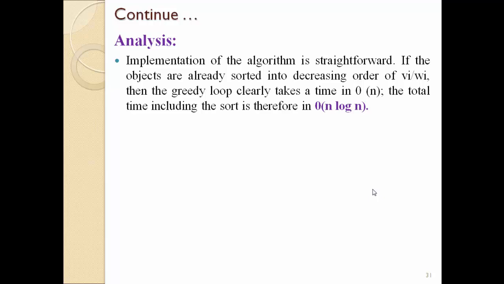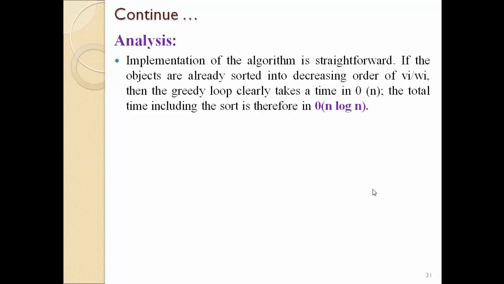So here we can divide our object into different parts, so this knapsack problem is also known as the fractional knapsack problem. When we think about the analysis, or the time complexity of this algorithm, we can say the implementation of the algorithm is straightforward. If the objects are already sorted in decreasing order of Vi divided by Wi, then the greedy loop clearly takes time of order n.